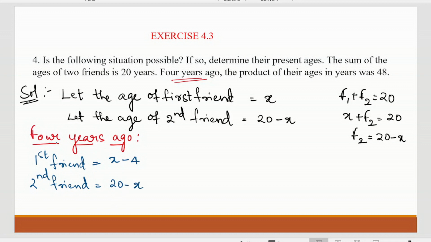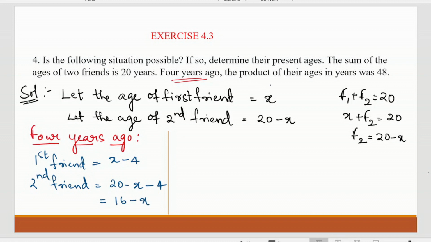So 4 years ago, you will take minus 4. Clear? So here you will get 20 minus X minus 4. So, 20 minus 4 is 16 minus X.